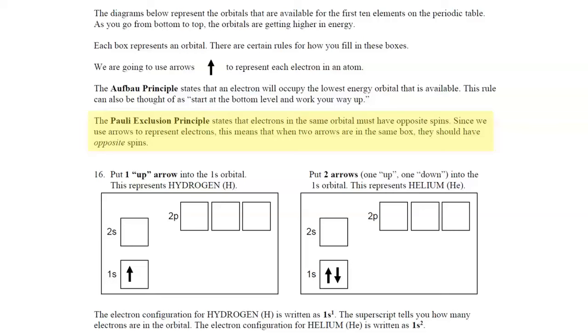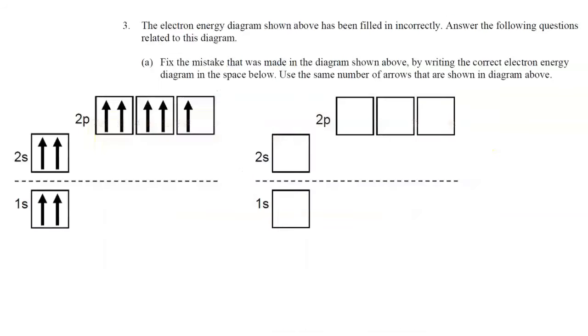And since we use arrows to represent electrons in this diagram, that means that when two arrows are in the same box in this electron energy diagram, they should have opposite spins, so that one arrow is pointing up and the other arrow is pointing down. So that's the mistake that was made in this diagram.